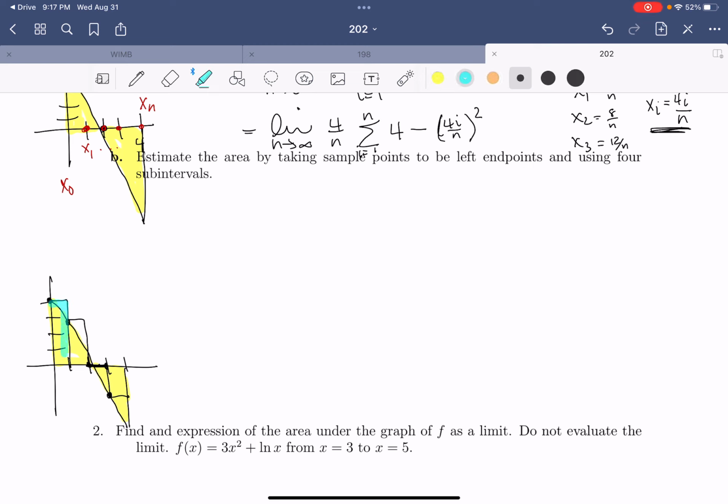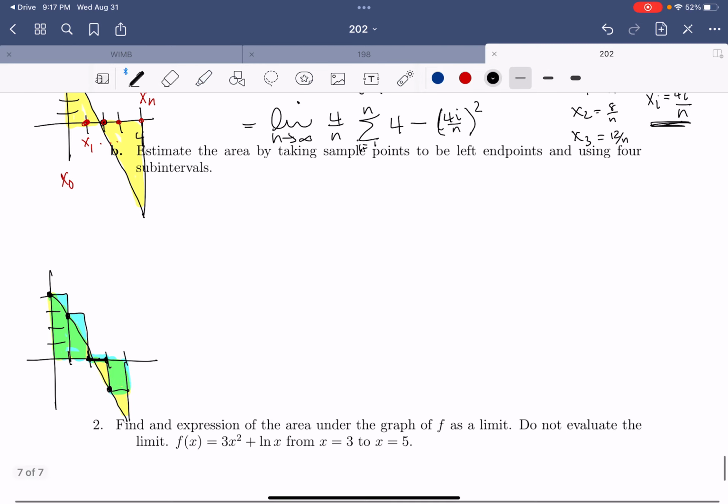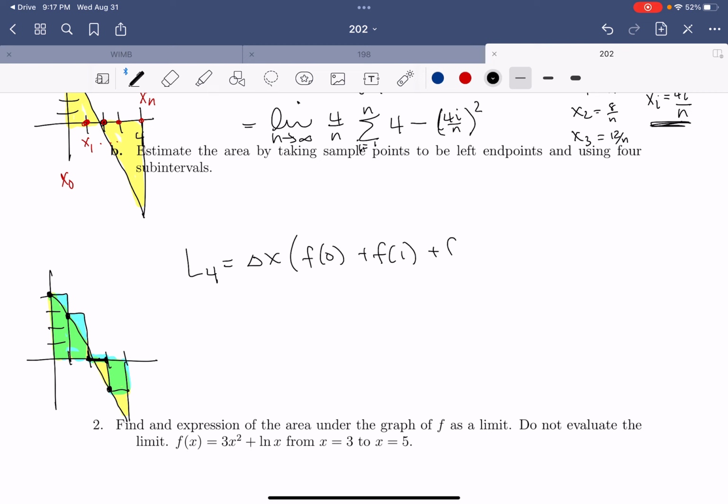So they're going to look like this. Okay. And we're going to find our left 4 is our delta x times f at 0, f at 1, f at 2, and f at 3, because we're using those left endpoints.